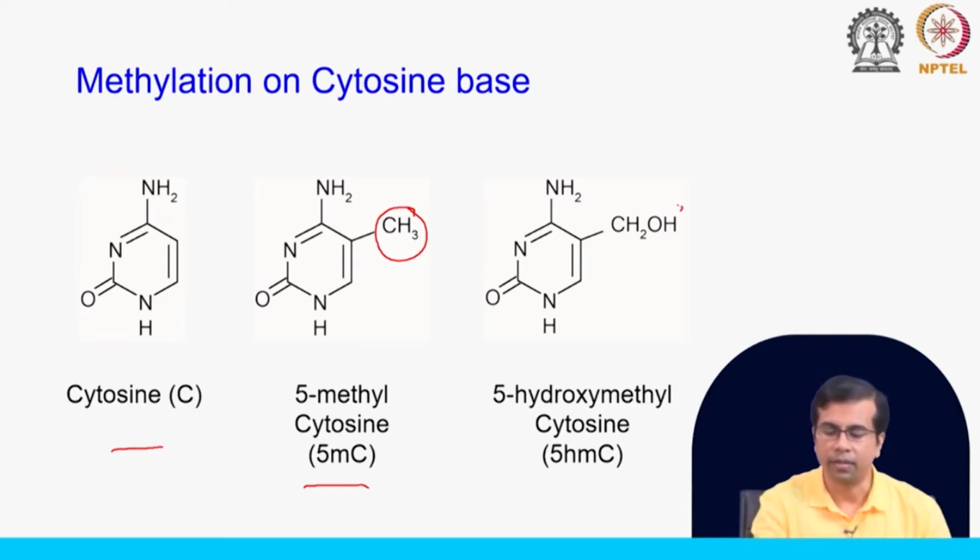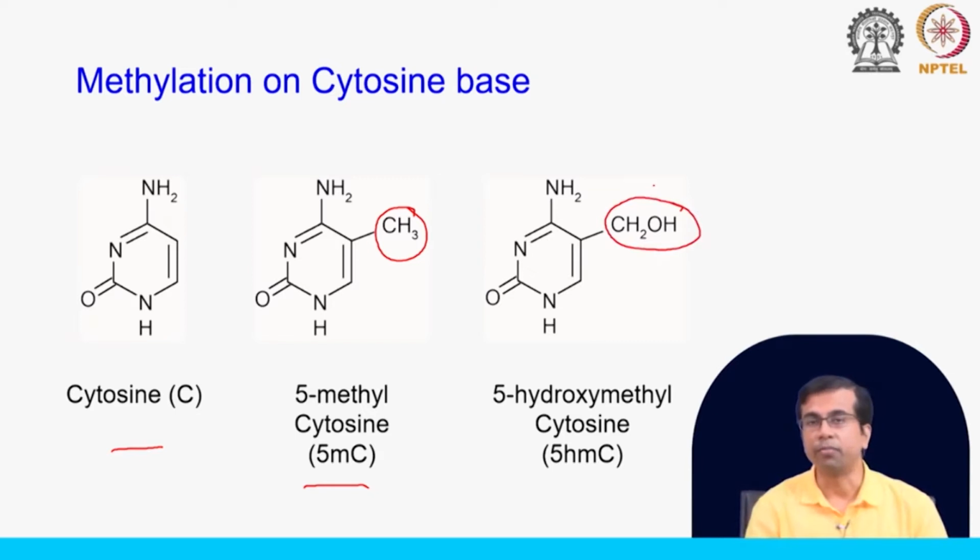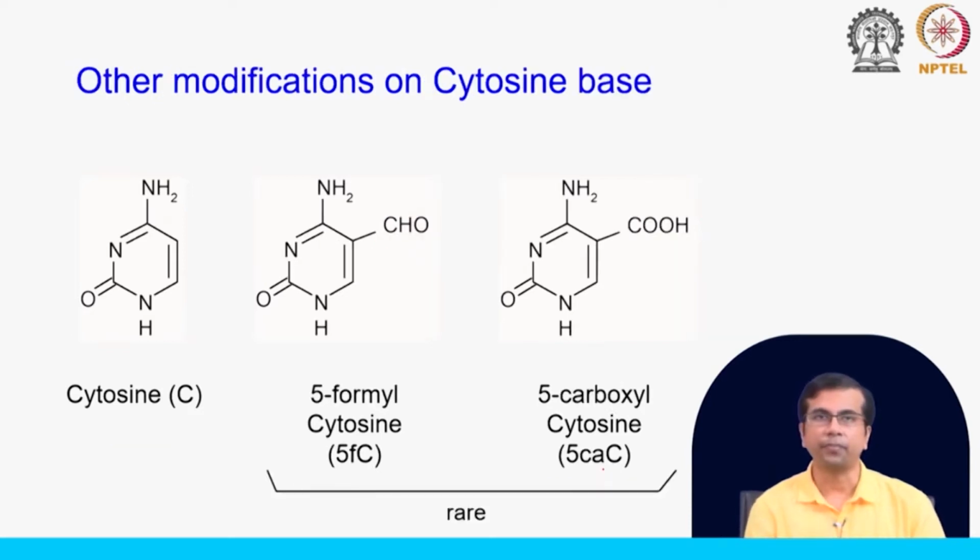Here is the CH2OH. We also see this modification quite commonly in the genomes. These two types of modifications on cytosine are associated with different outcomes and they affect gene expression. 5 hydroxymethyl cytosine we will denote by 5-hmC.